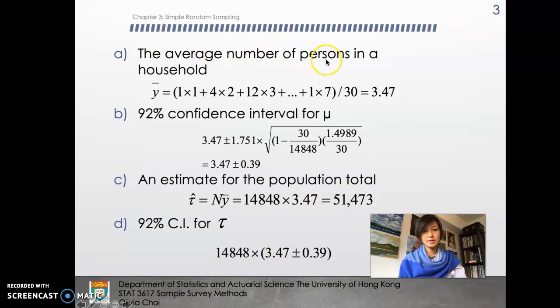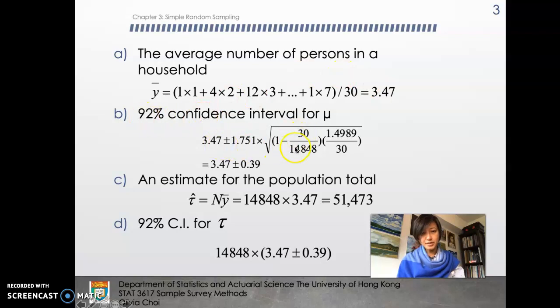So y bar equals the sum of y_i times the frequency f_i, adding them up, divided by the total number of households that we surveyed. So that's around 3.47 persons per household.